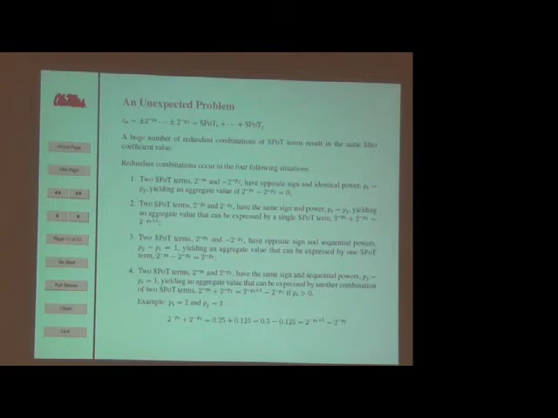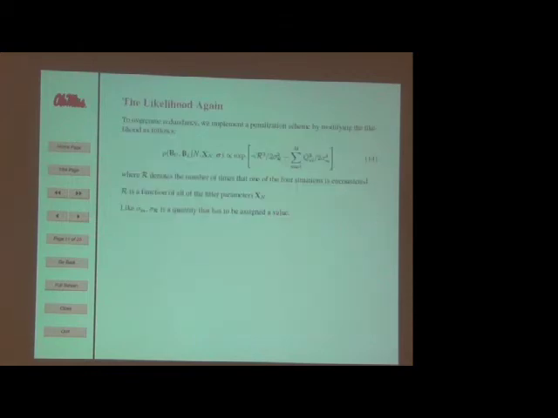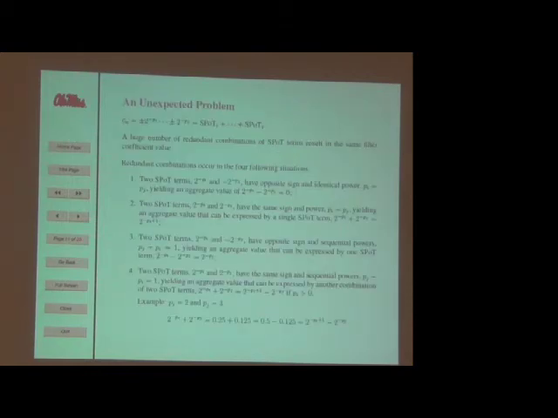For example, if 2 terms have the same power but opposite sign, well, clearly they just sum to 0. Or if you have 2 terms of the same sign and the same power, clearly they just sum to a single term that's at 1 greater power.